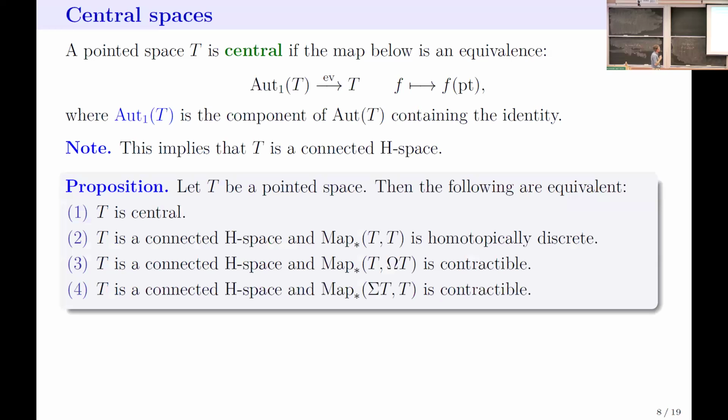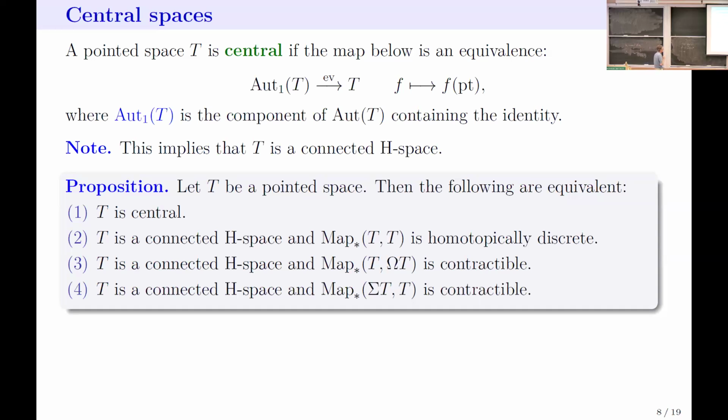Here's a characterization of central spaces. I think I've said the word type a few times, but I just mean space when I say type. So 2, 3, and 4 all involve being a connected H space, and then a condition on a pointed mapping space. 2 says that the pointed self-maps of T are homotopically discrete, so the components are all contractible.